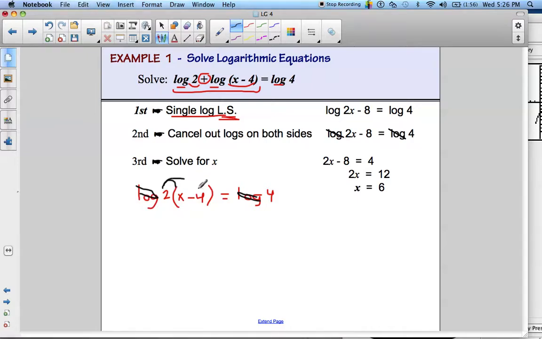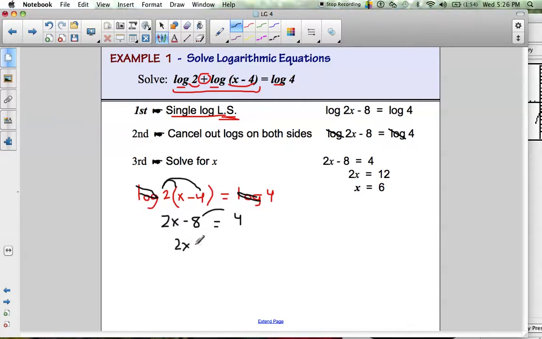Rainbow, rainbow. So we get 2x subtract 8. And over here, we just have the 4 waiting. Okay, and now we're going to move this 8 over.